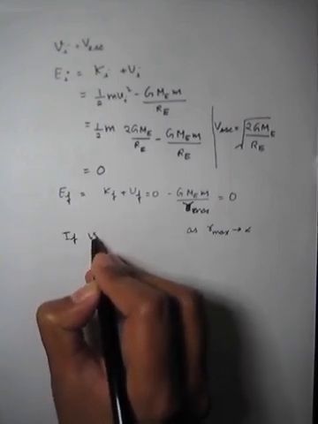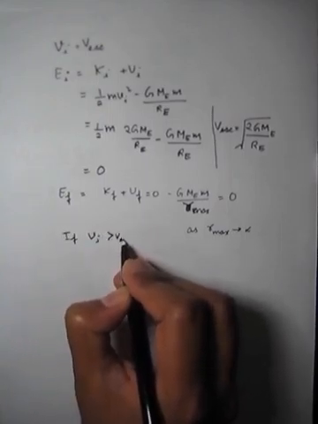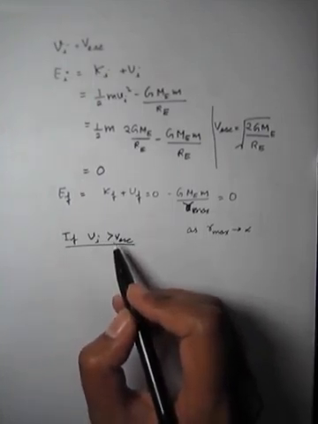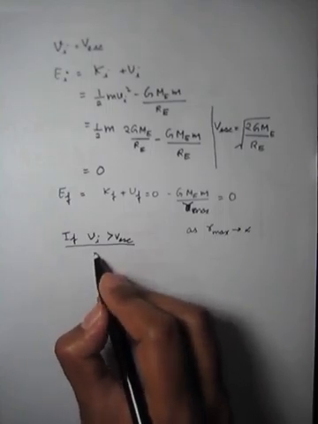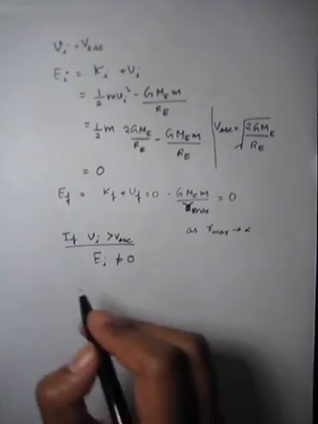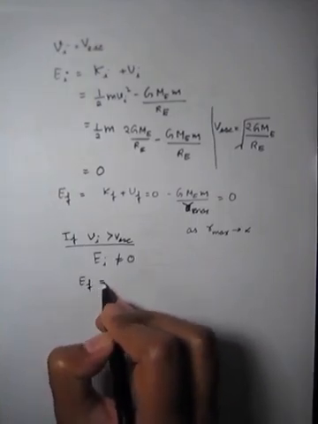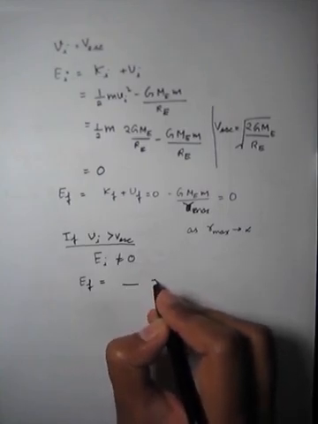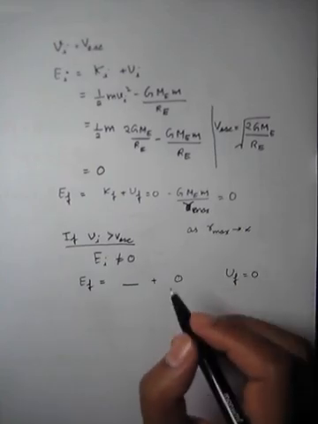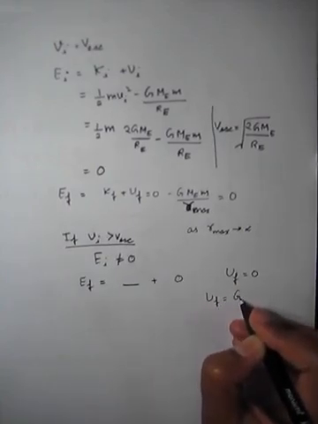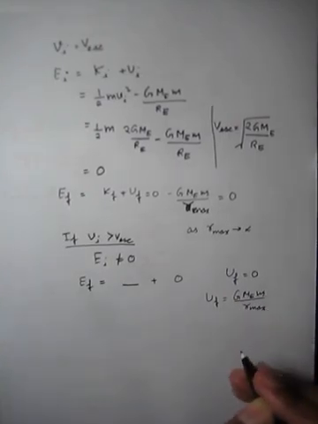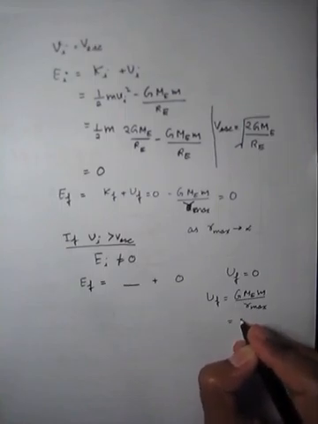Now if the initial velocity is greater than the escape velocity, it means that you will have some initial energy which will not be equal to 0, and therefore the final energy will be something plus 0, because potential energy is equal to minus G M_E m upon R_max, and if it is at infinite distance, it will be 0.